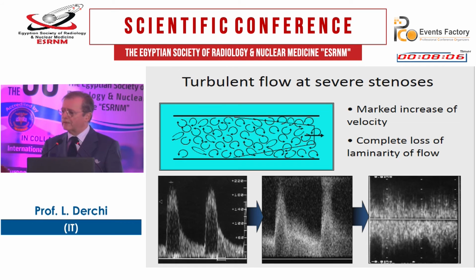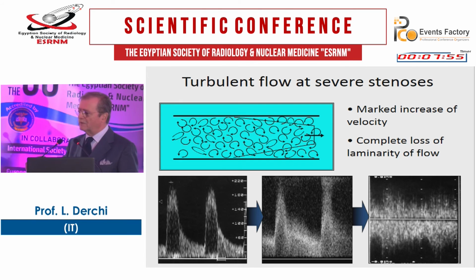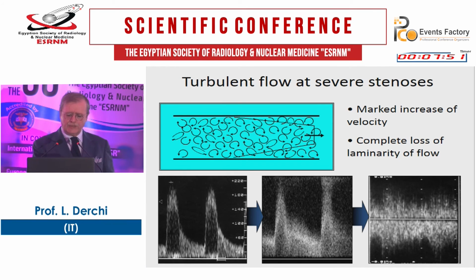Just when you look at the flow of the river Nile in the rapids of the Nile, there are many small vortices, even with retrograde flow, running very, very fast. And you will have complete loss from normal to stenosis to turbulent flow, complete loss of laminarity, and also some retrograde signals, which are written below the baseline.